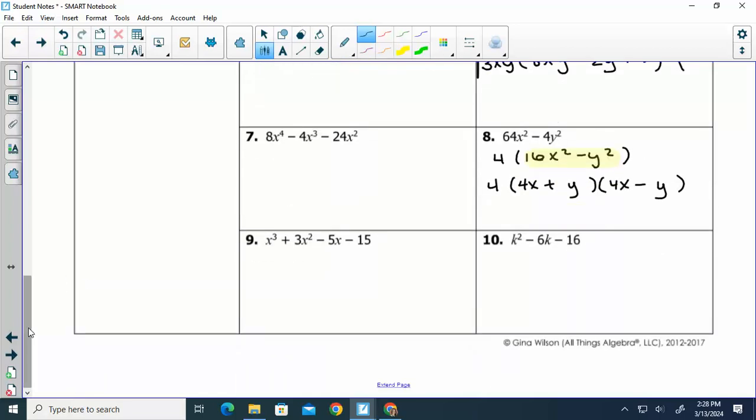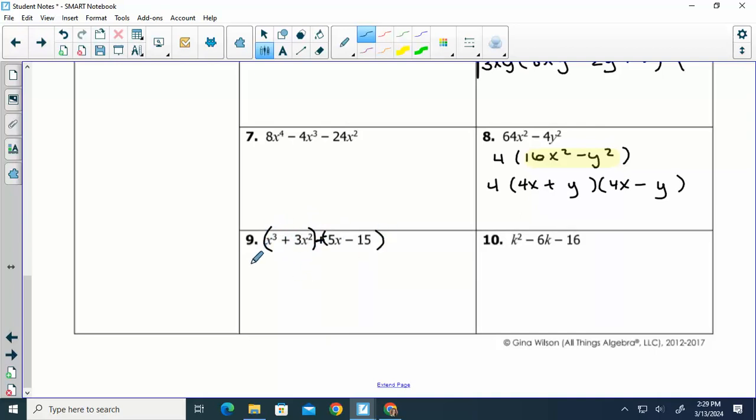Alright, let's try number 9. So what do we do here? Grouping. No greatest common factor. We think of this as plus and -5. So we group the first 2 and the last 2.